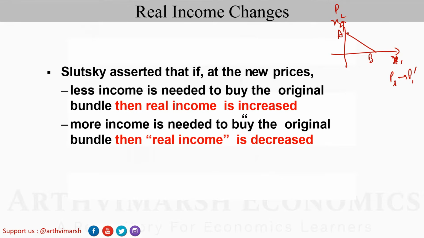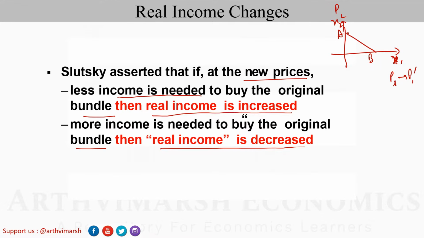Then if less income is required to buy the original bundle, the real income has increased. But if more income is needed to buy the original bundle, then we say that the real income has decreased.